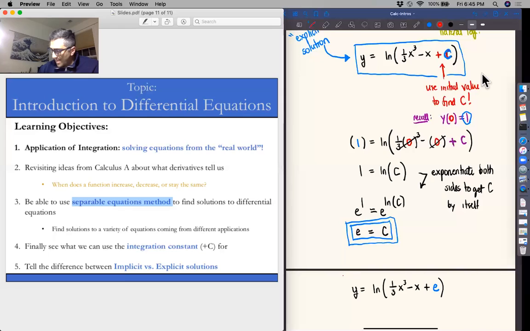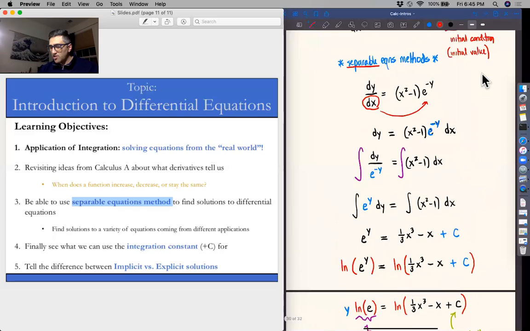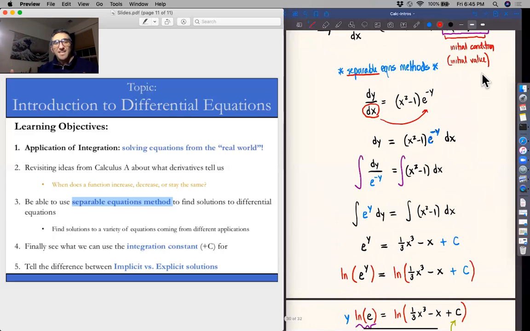And that is our explicit solution to this differential equation. Remember, the name of the game was using the method of separable equations, which meant we got all the y's on one side of the equation, then we got all the x's on the other side, which we did in this step to this step here. We integrate both sides of the equation.